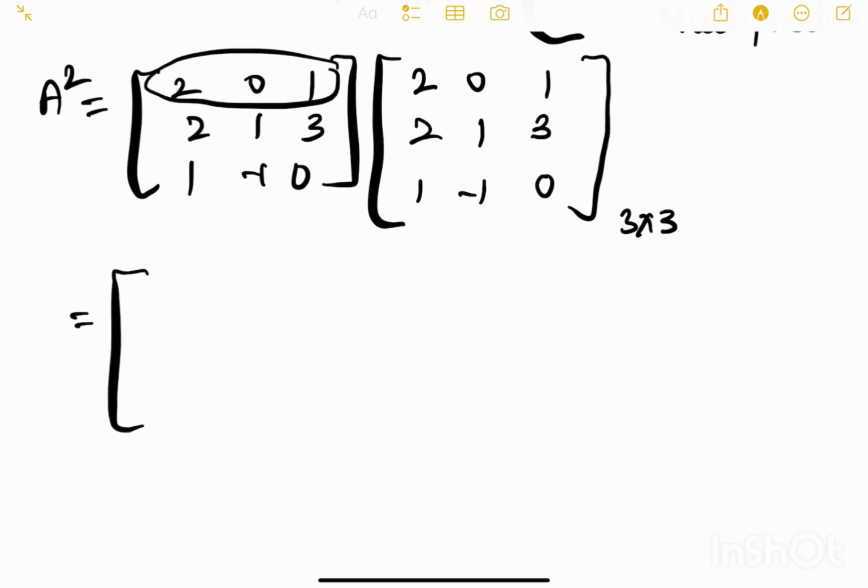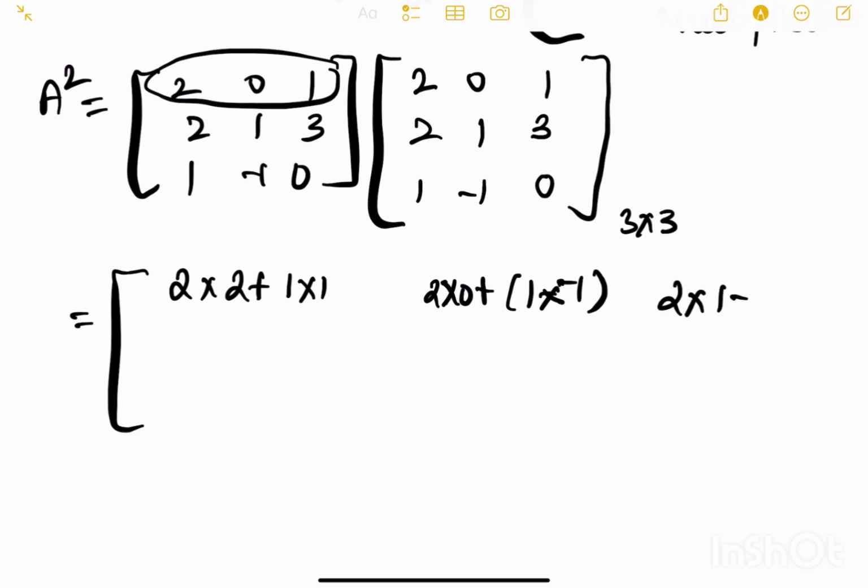So I will take the first row. 0 into 2 is 0, so 1 into 1. This is my first A11, and then I will just multiply the second. Then the third column. The rest will be 0 because we have 0 over here and here.